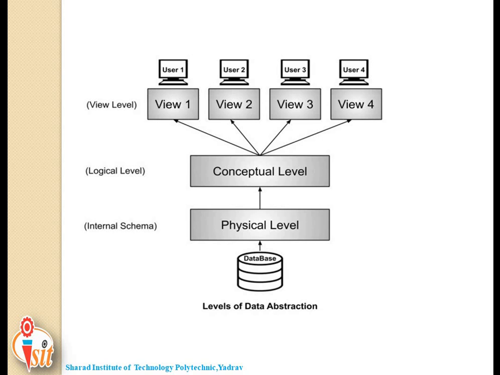These details are often hidden from the programmers. Next, in the logical level, in the same example, these records can be described as fields and attributes along with their data types. Their relationships among each other can be logically implemented. The programmers generally work at this level because they are aware of such things about the database system.